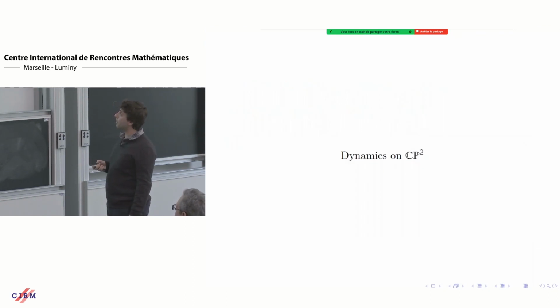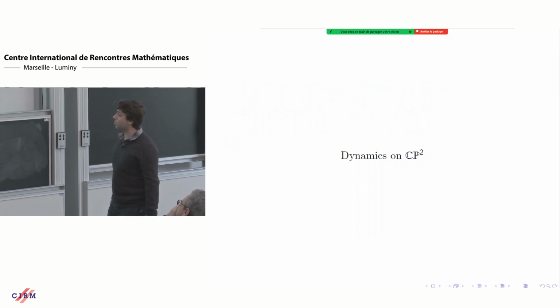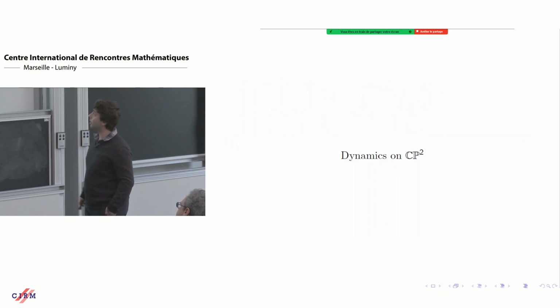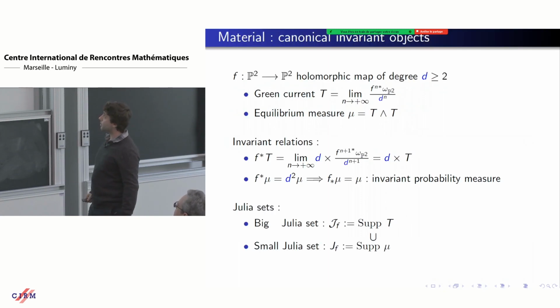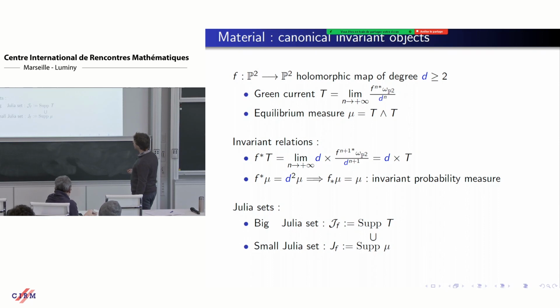Now I will turn to complex dynamics, and I will introduce you to my theorem. In complex dynamics, we need invariant objects, of course, and there is a canonical way to define invariant objects for holomorphic mappings. Take F that is not invertible. Then you can consider the limit that is written here.